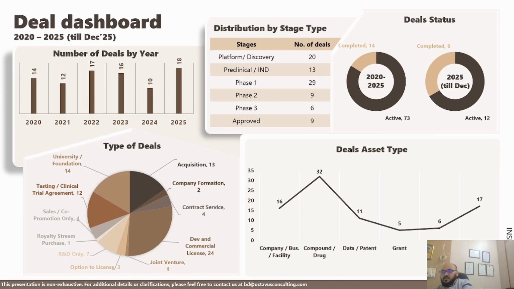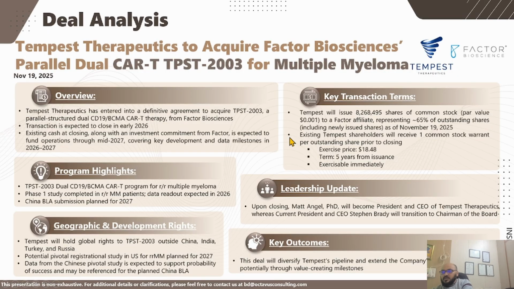Right. And in terms of asset type, compound and drugs are the 32s basically. So these are very interesting and very consistent numbers.